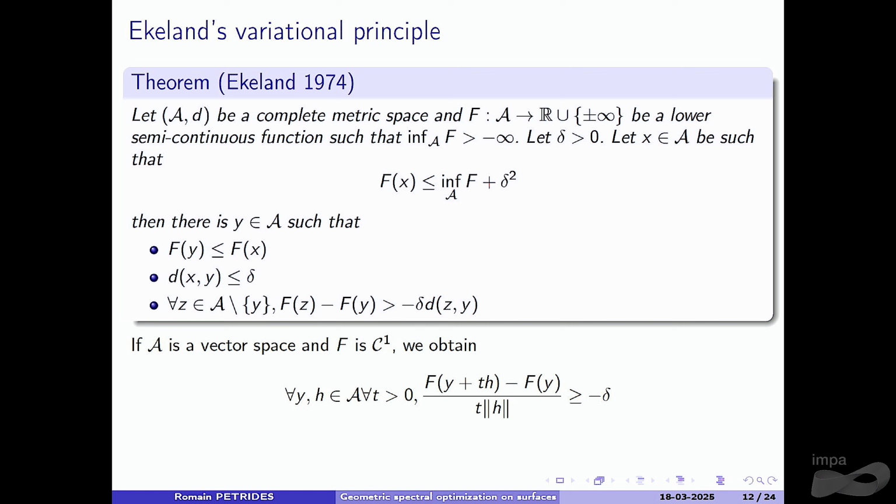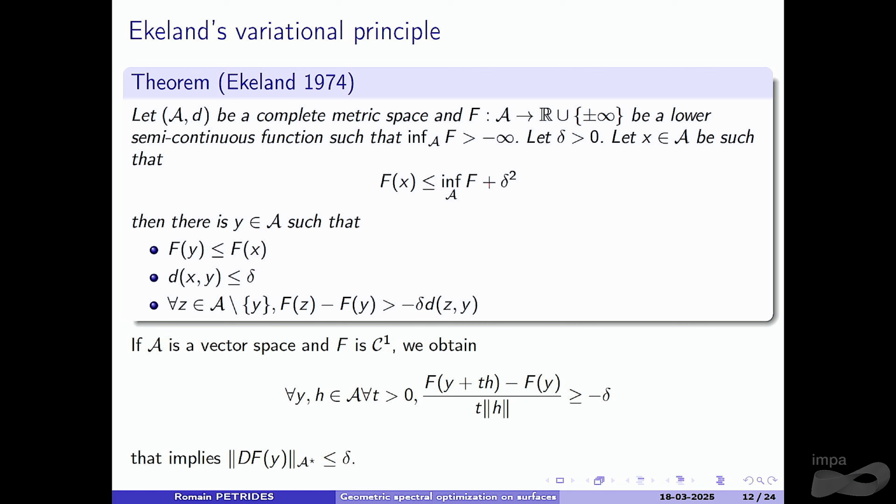And it is controlled by minus delta. So this gives you, by application, that the norm of the differential in the dual of A is small, as small as your choice of something close to the infimum.